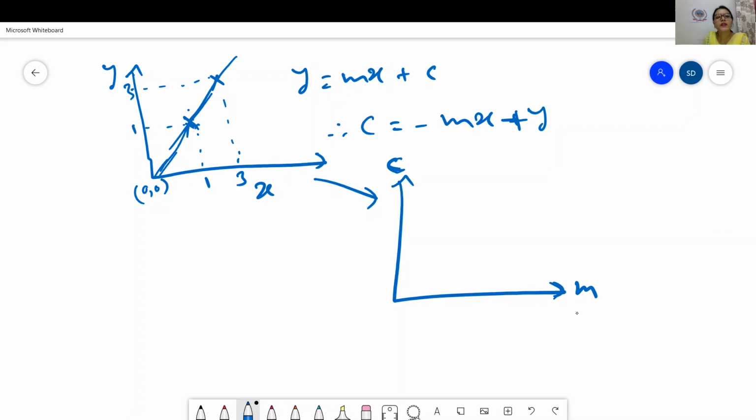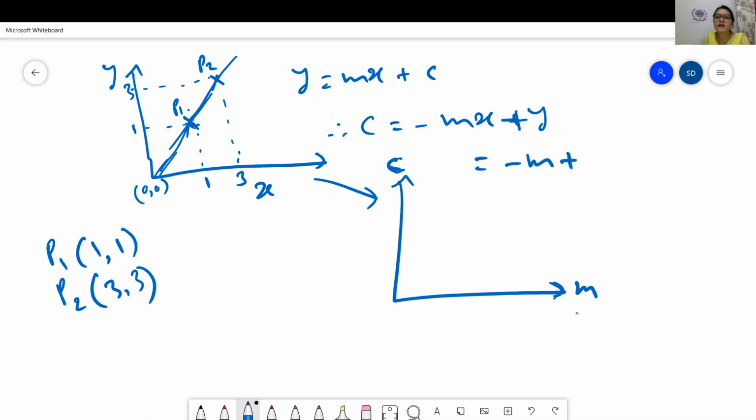So if I put the value 1 1 here, what will we get? Let us say the first point is P1 and the second is P2. P1 has the value 1 1, P2 has the coordinates 3 3. If I put the value 1 1, we get minus m plus 1.